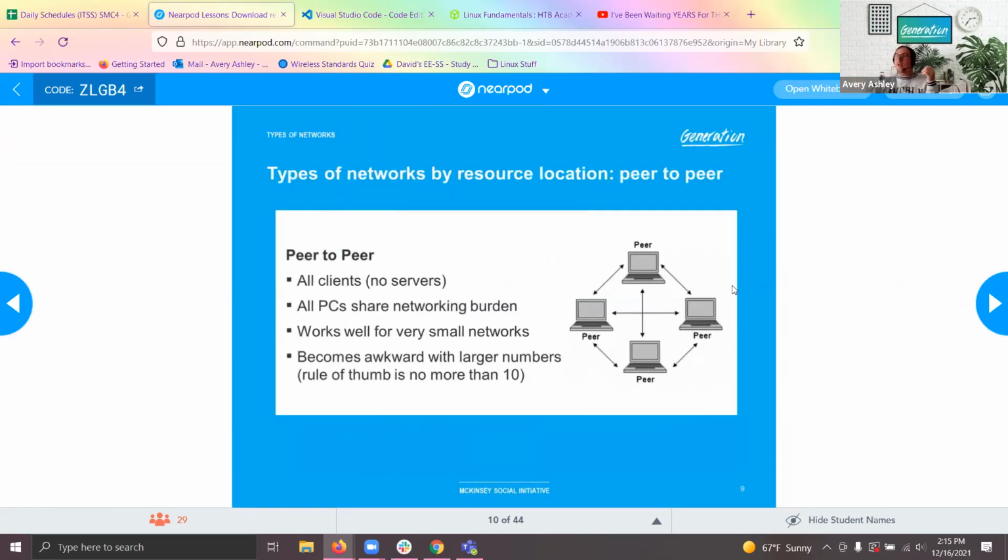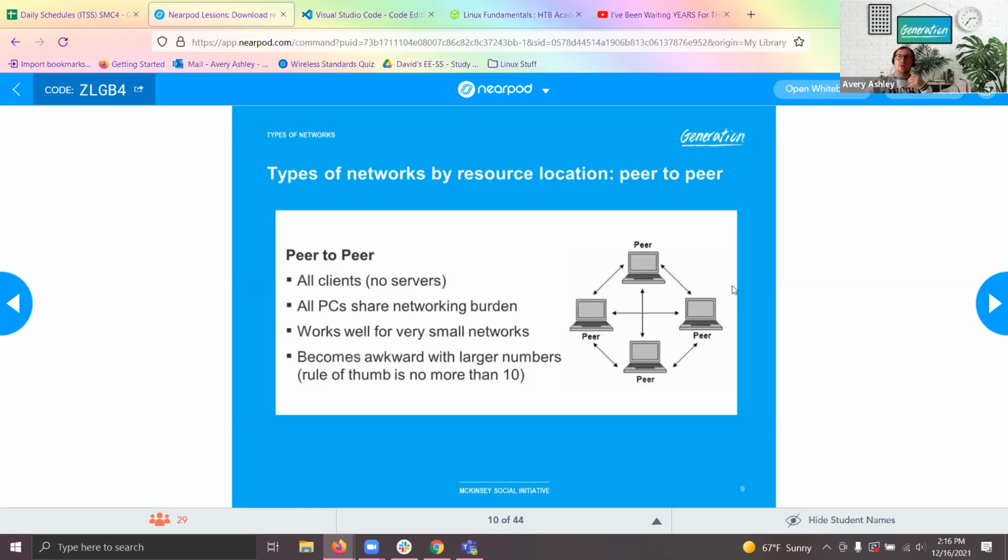Then we have peer-to-peer, which you can think of as how those topologies we were just talking about connect. There aren't any servers on a peer-to-peer network. It is connected only to other clients. So everything is shared with every client on the network. All of the passwords are stored on all of the clients.